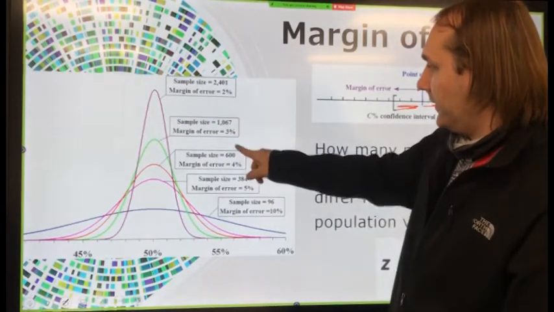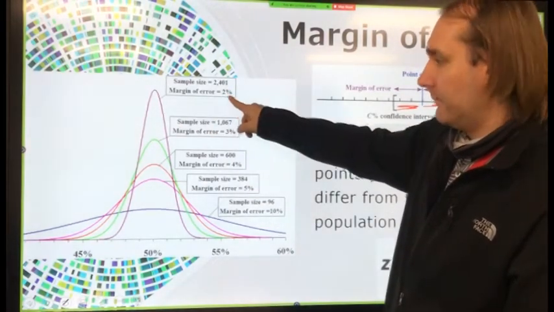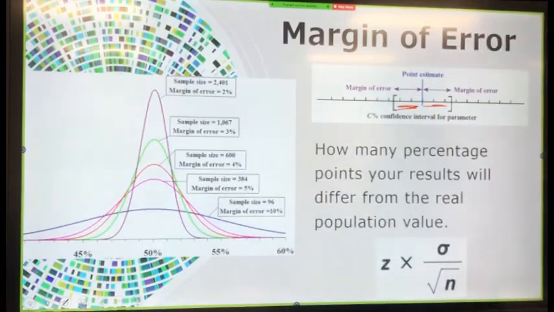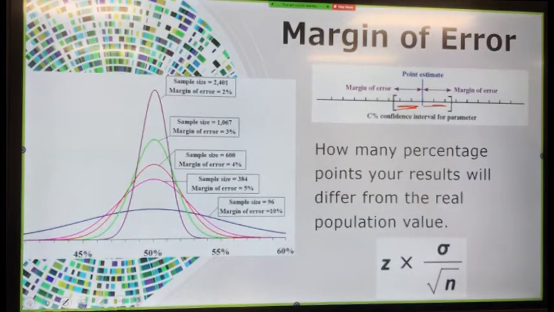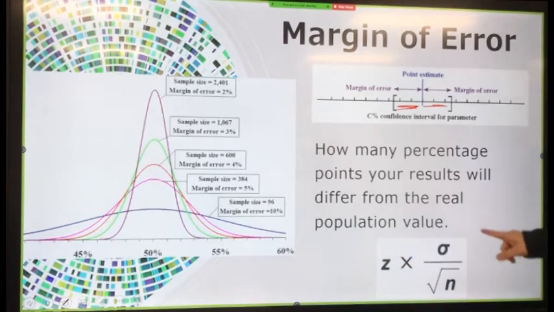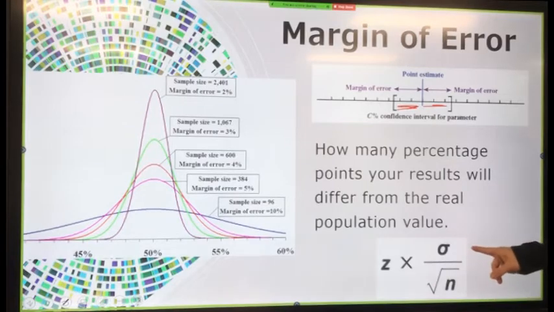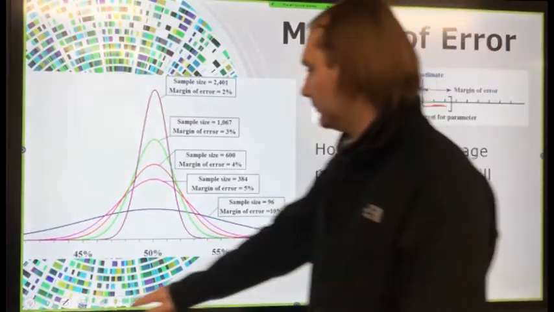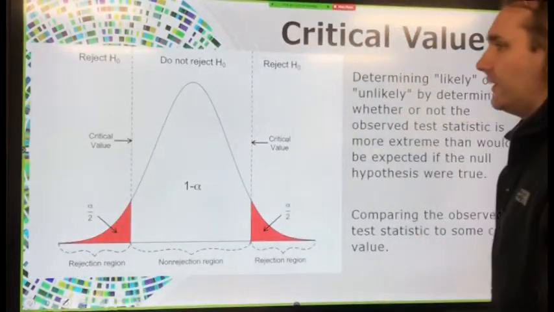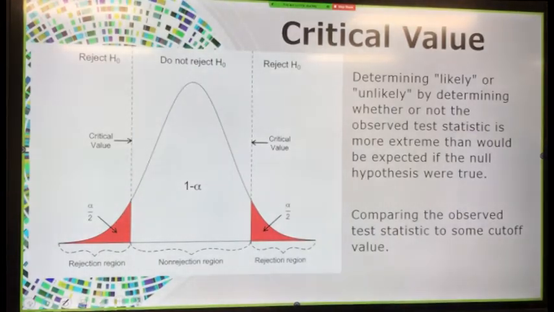Decreases. Yeah. So it's all about taking as large a number of samples as possible. And here's our formula for margin of error. I'm taking my z-score, multiplying it by my standard deviation, divided by the square root of my number of samples. Again, you're not expected to memorize any of these formulas. They're on the formula sheet.